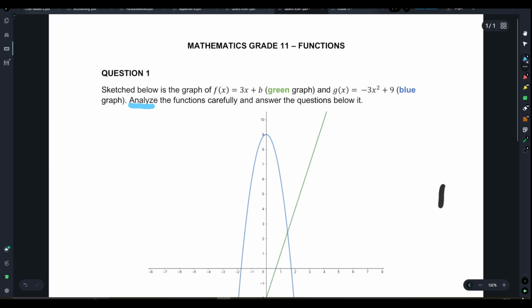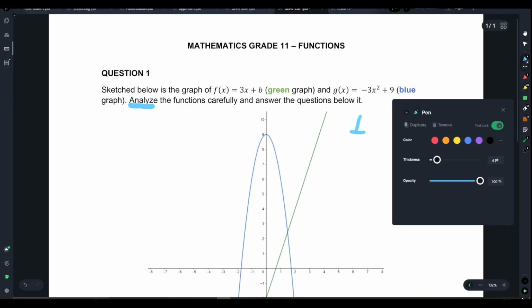Why is this big? Let me quickly fix this. Let's use 5 points. No, that's too big. 2 points.